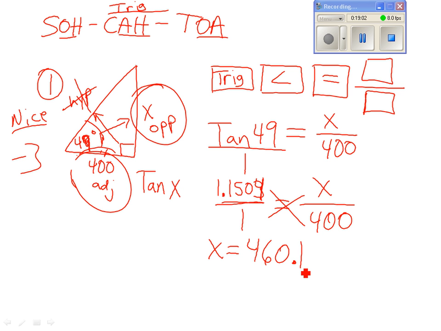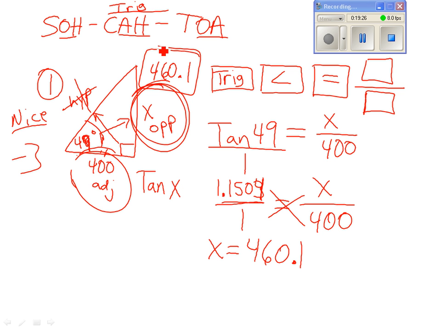Just go out 1 or 2 places. That's plenty. If you're finding an angle, round it off to the nearest degree, nearest whole number. If you're actually finding the tangent, cosine, or sine, then you always want to go out 4 places. All right? So how long is this side right here in this triangle? 460.1.